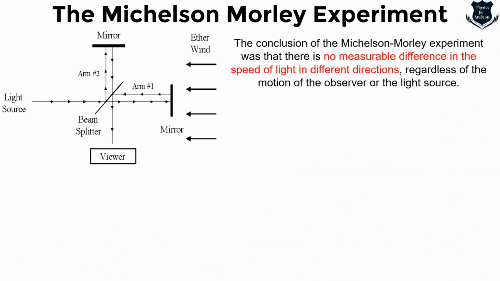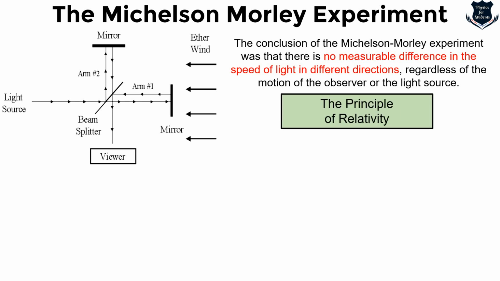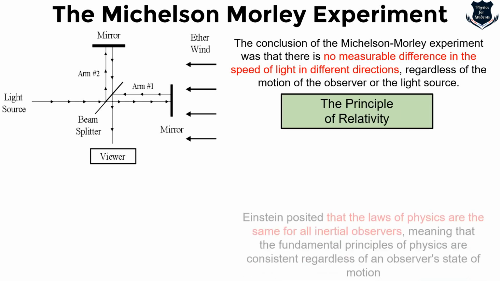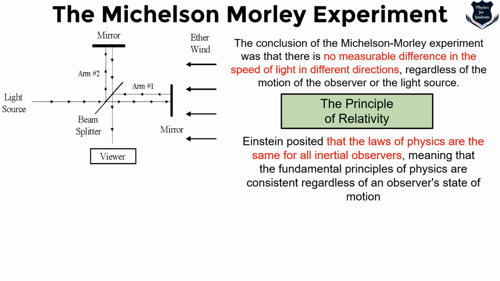So the first thing: the conclusion was that there is obviously no measurable difference in the speed of light in different directions. So the principle of relativity was formed, because Einstein, through his imagination and his brilliant brain, realized that the laws of physics have to be the same for all inertial observers.